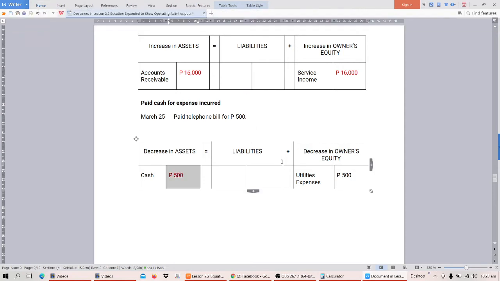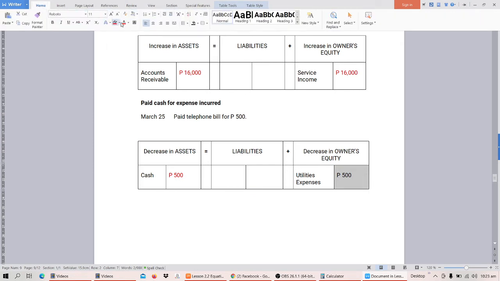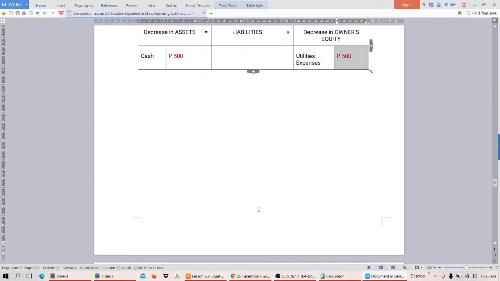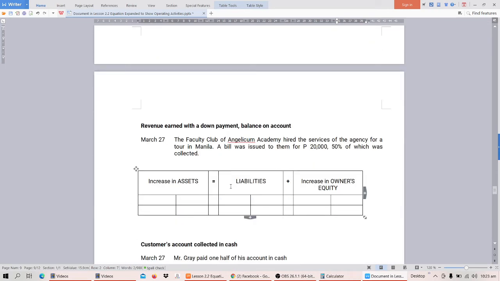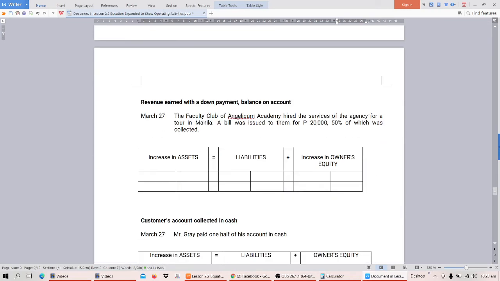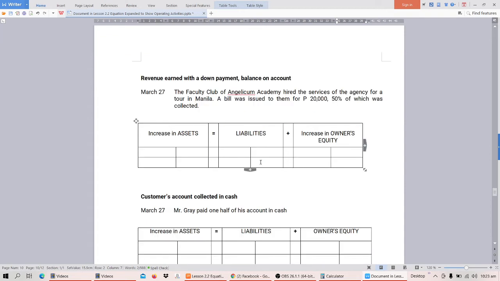At the same time, decrease in your owner's equity by 500 pesos in the form of your utilities expenses. Okay, so on March 27, the Faculty Club of Angelicum Academy hired the services of the agency for a tour in Manila. So a bill was issued to them for 20,000, 50% of which was collected.